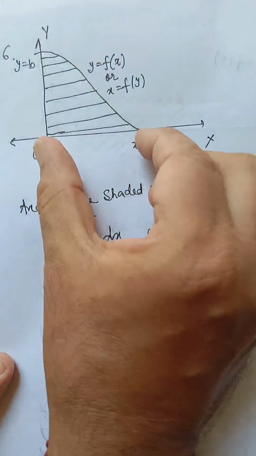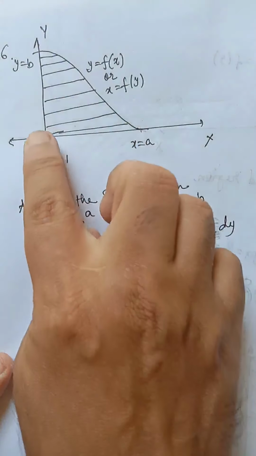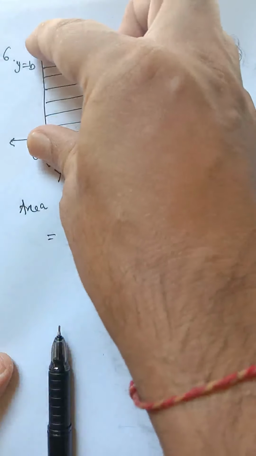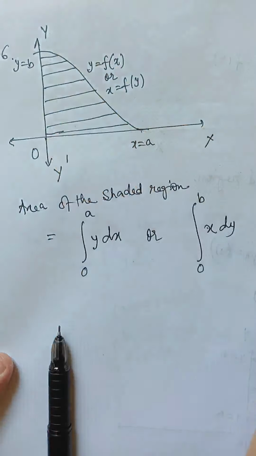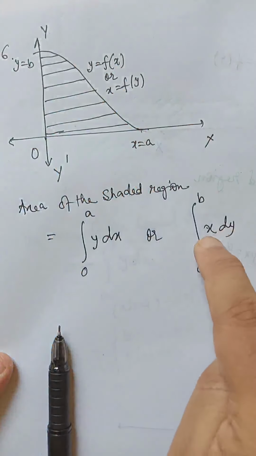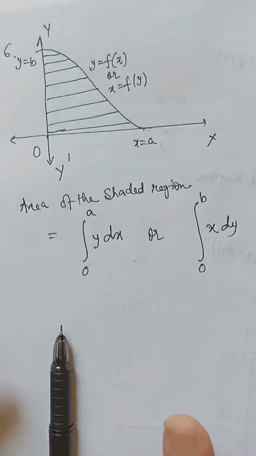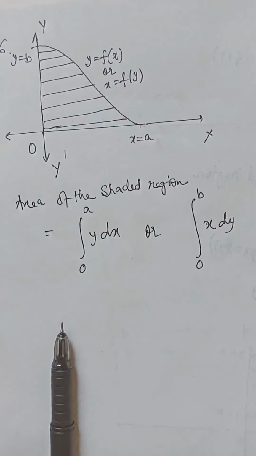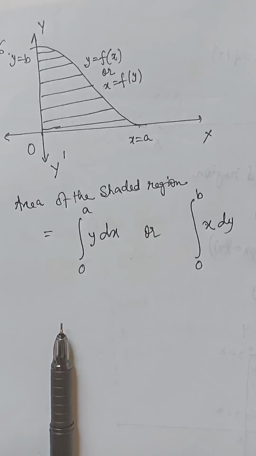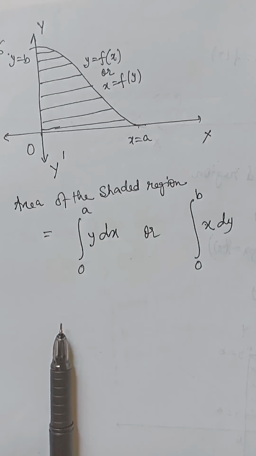If we consider the x-axis as boundary, it will be y dx from 0 to a, and if we consider the y-axis as boundary, its area will be x dy from 0 to b. Okay, so these are some cases of how to find the area of a shaded region.